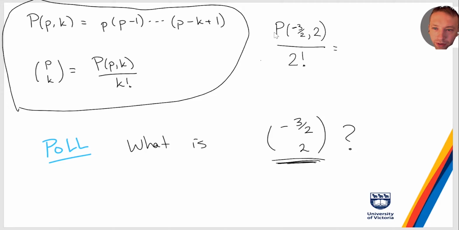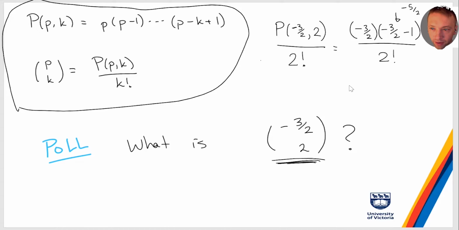What's p(negative 3 over 2, 2)? It's negative 3 over 2 times negative 3 over 2 minus 1. This thing is negative 5 over 2. You multiply these things, you get 15 over 4, and then you have another 2 here, so it's 15 over 8.